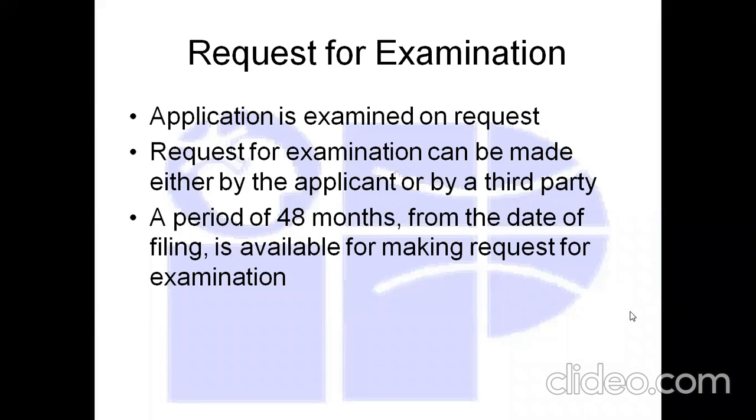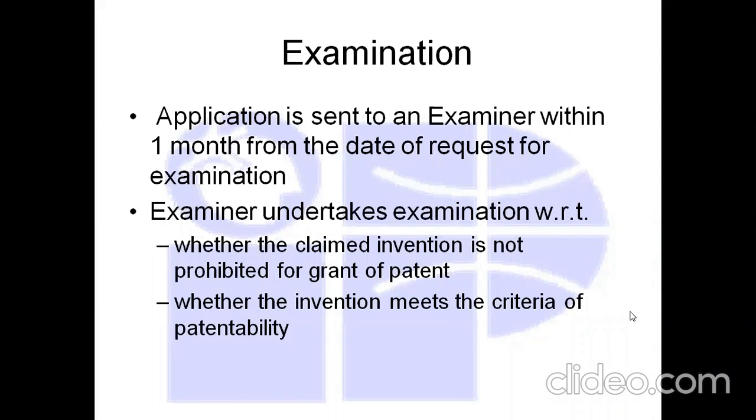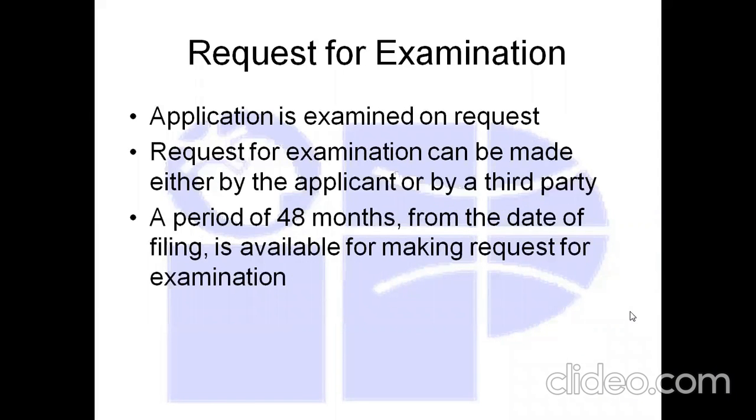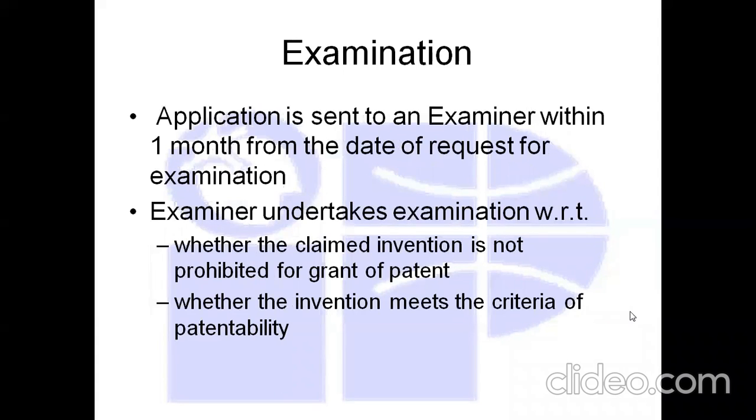This should be clear to all of you. Next, examination. After the request for examination, you go for the examination process. The application is sent to the examiner within 1 month from the date of the request for examination. The examiner undertakes the examination with respect to whether the claimed invention is prohibited from the grant of patent, and whether the invention meets the criteria of patentability, right?